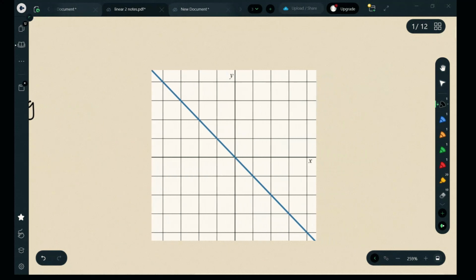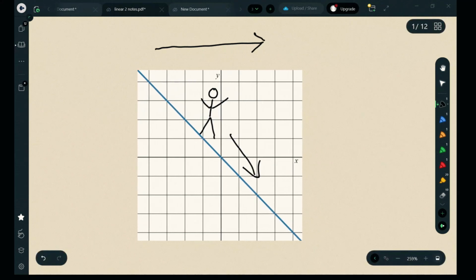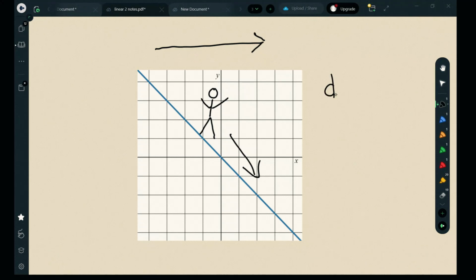Okay, now looking at this line, as we come from the left going to the right, okay, if you want, you can imagine a stick figure walking from the left to the right. He's definitely going down. Okay, he's going downhill. So this graph is decreasing.